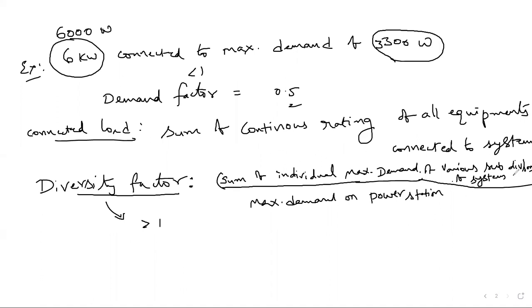The numerator, the sum of individual maximum demands, should always be greater than the complete maximum demand of the power station. See here, this numerator is always greater when compared to the denominator. So that's the reason the diversity factor is generally greater than unity, right?